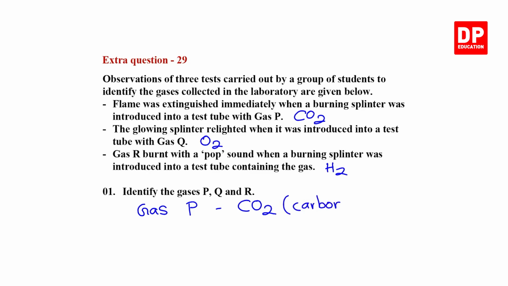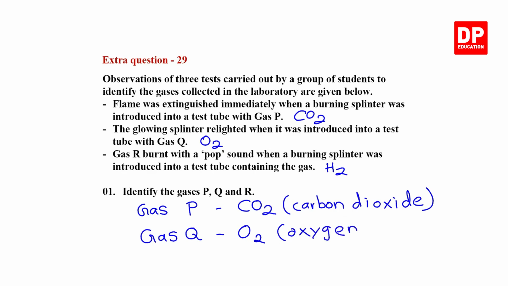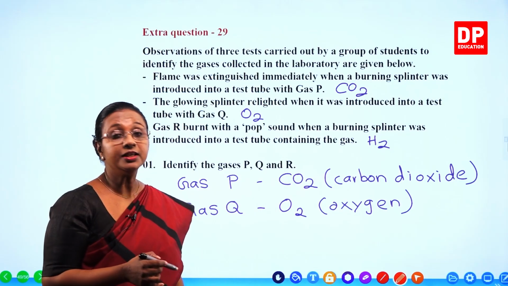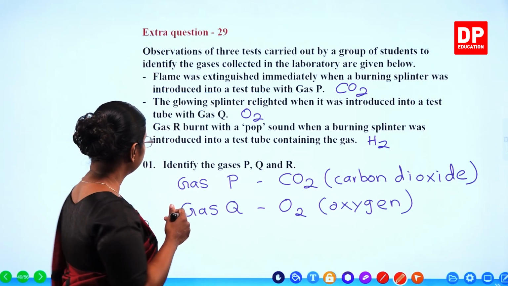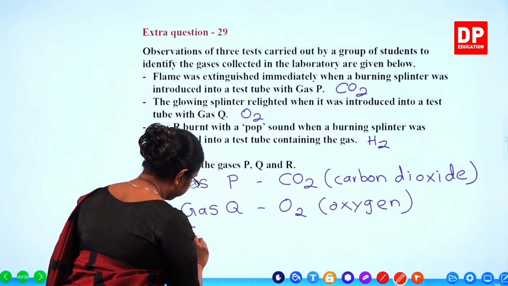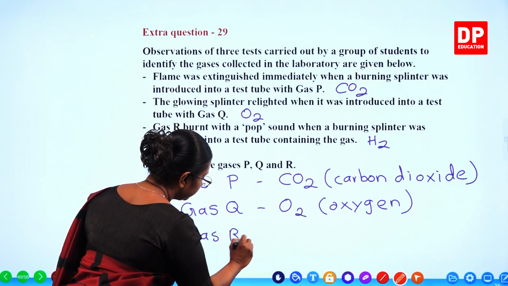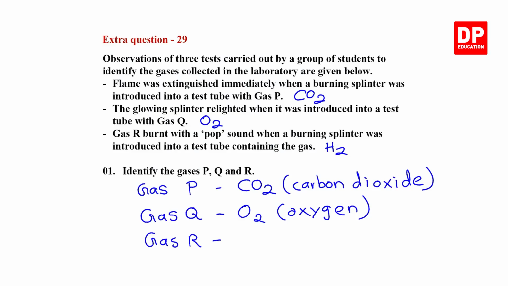Then there is gas Q, that is oxygen. So here you can also write it as oxygen. You can either use the symbol, the chemical formula, or the word to denote the gas. Then gas R. R is hydrogen.